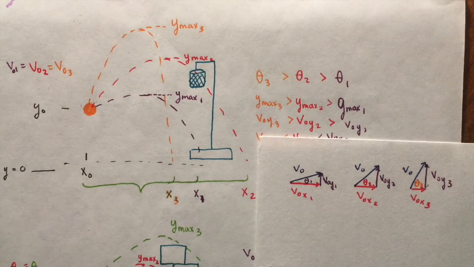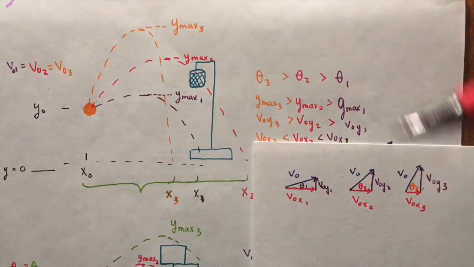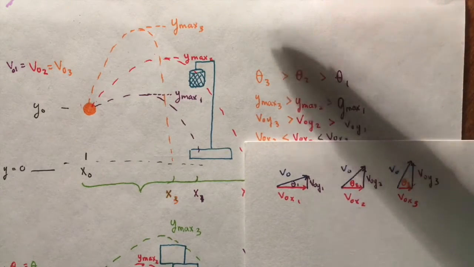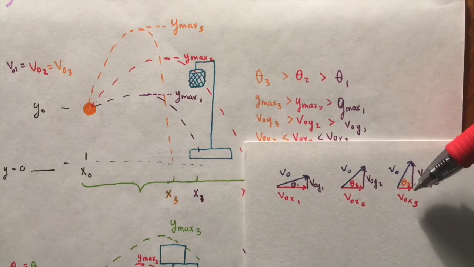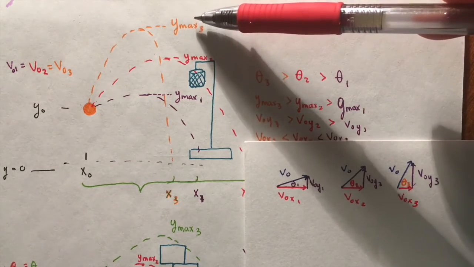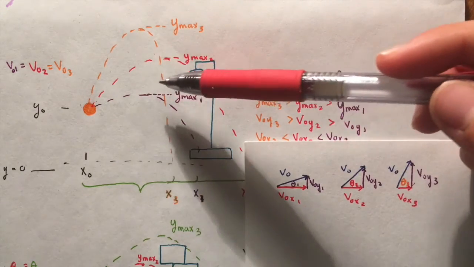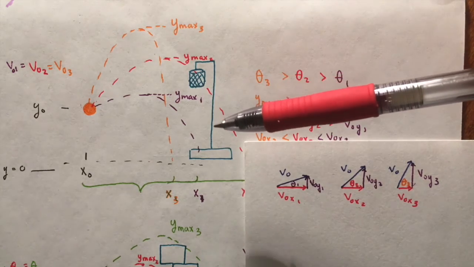Well, that's not necessarily the case, because the vertical component of this one over here is so large, the horizontal component is so small, that even though it spends a lot of time in the air, it's moving so slow horizontally that it's still not going to be able to cover a ton of distance horizontally.